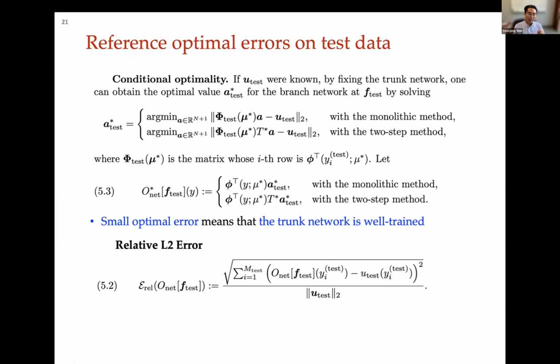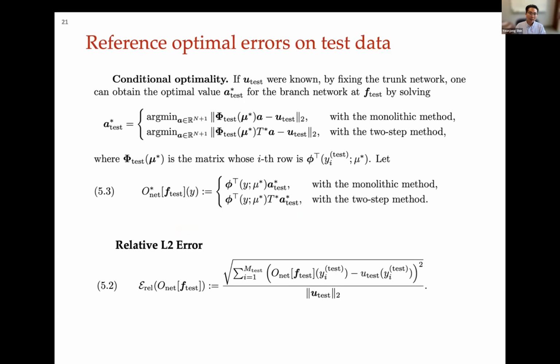One is, if this error is small, then we can ensure that the trunk network is well trained, in the sense that it is capable of representing the output function values, which is U. The other is that we can see how well the branch network is trained from the generalization perspective.